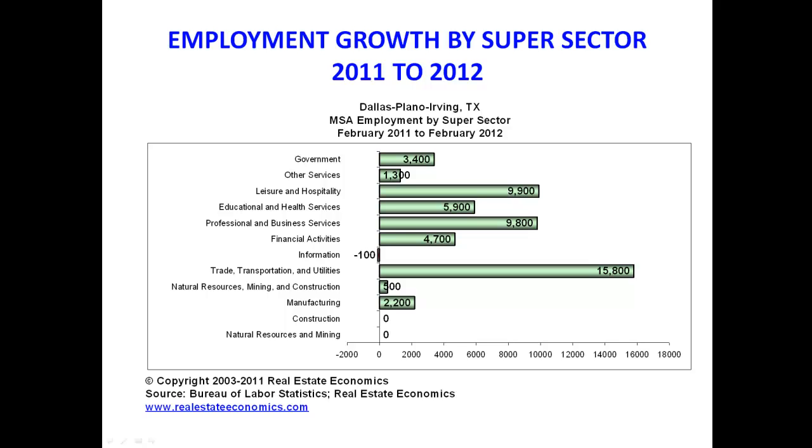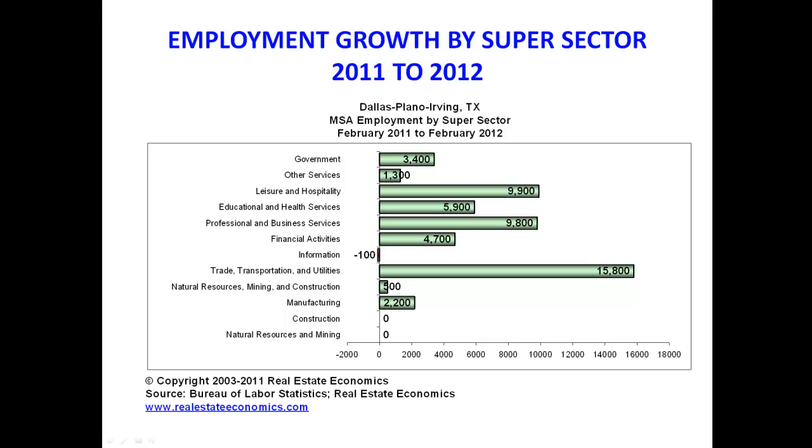This is a market that has seen a lot of improvement in both mean wage levels and also their concentrations into certain categories that tend to pay higher wages, such as management, business and financial operations, computer and mathematical fields, architecture and engineering. Those are fields that have grown very robustly in this area, which is really a great thing for the MSA as a whole and a good thing for the housing market.